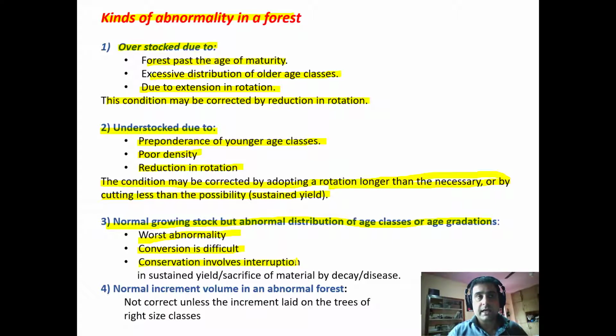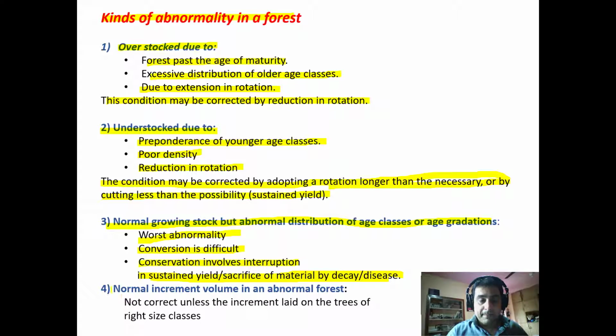Suppose some age class is missing, you have to interrupt, or you have to extend your harvesting, so as to get the desired age gradations and age classes. But that is possible only when sacrifice of the material has to be done to achieve this goal.